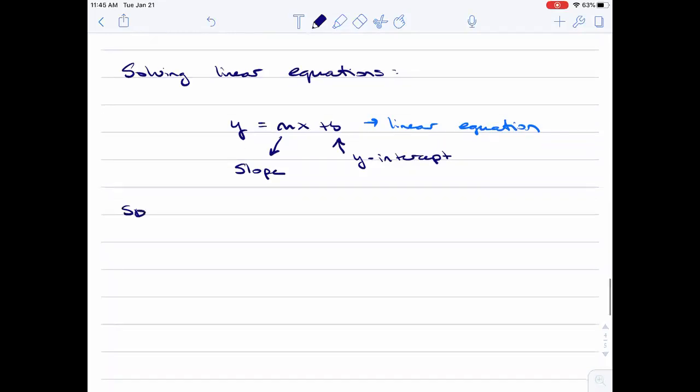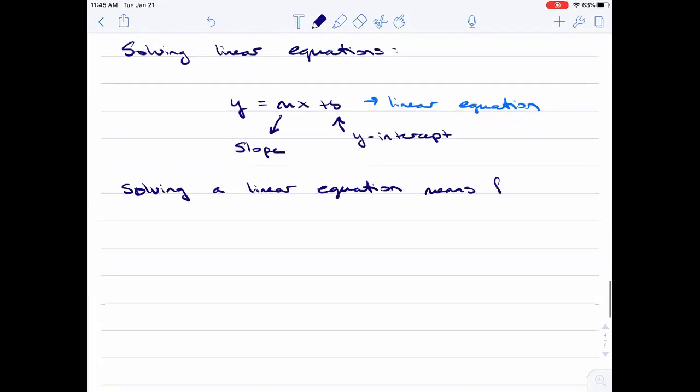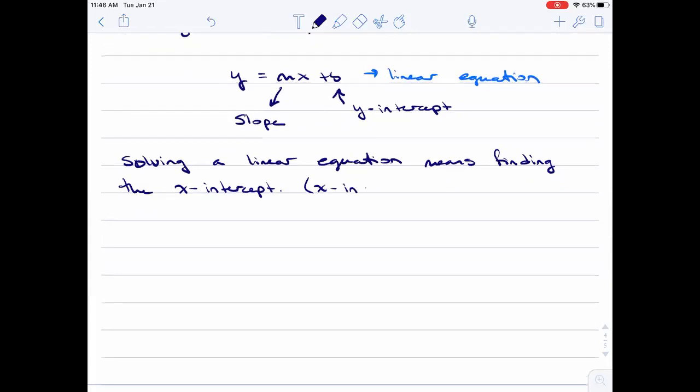And the x-intercept is where the line crosses the x-axis.